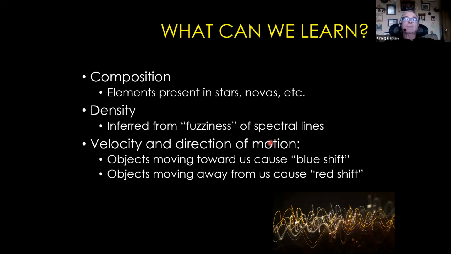Objects that are moving toward us cause blue shifting. Objects that are moving away from us cause red shifting. And all other angles between directly at us and directly away from us cause various degrees of shifting. So they can allow us to determine velocity and direction of motion.